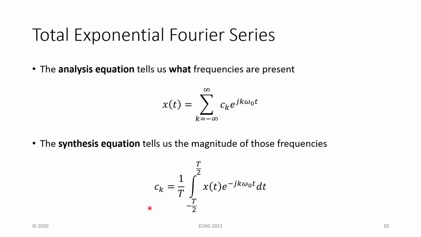If they want to know what the amplitudes are at, say, the first 3 harmonics, you'll be using the c_k equation. You won't really be using the analysis equation to get this, because c_k represents the amplitudes at those frequencies.